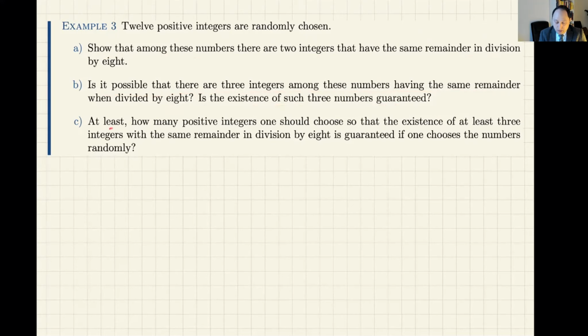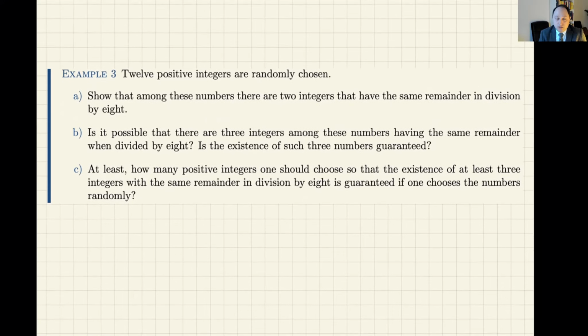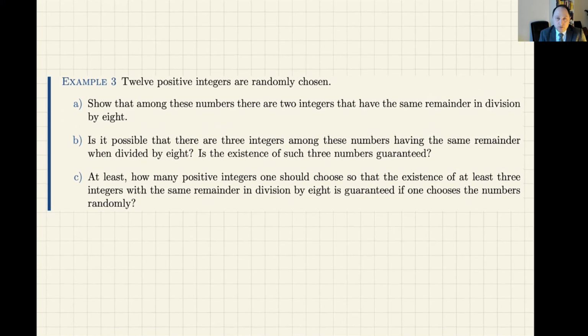At least how many positive integers should one choose so that the existence of at least 3 integers with the same remainder in division by 8 is guaranteed if one chooses the numbers randomly? Okay, I will pause the video and I want you to try to convince yourself about the parts of this question, and I will come back and we solve it together. Okay.